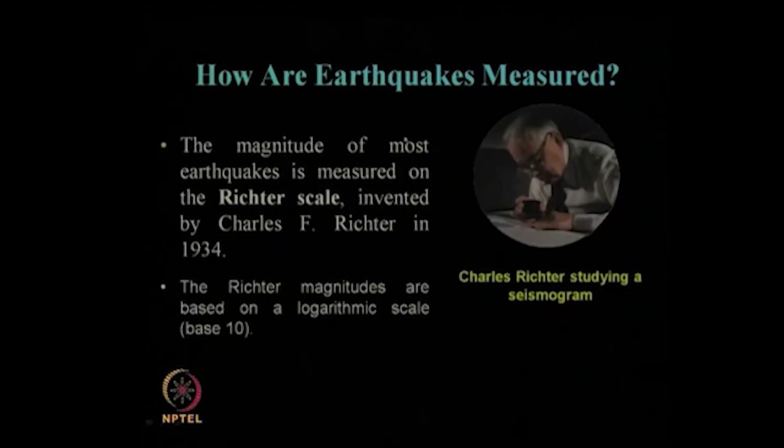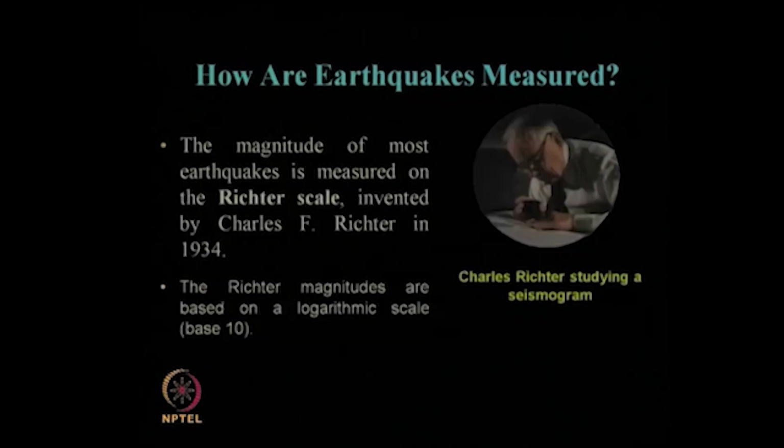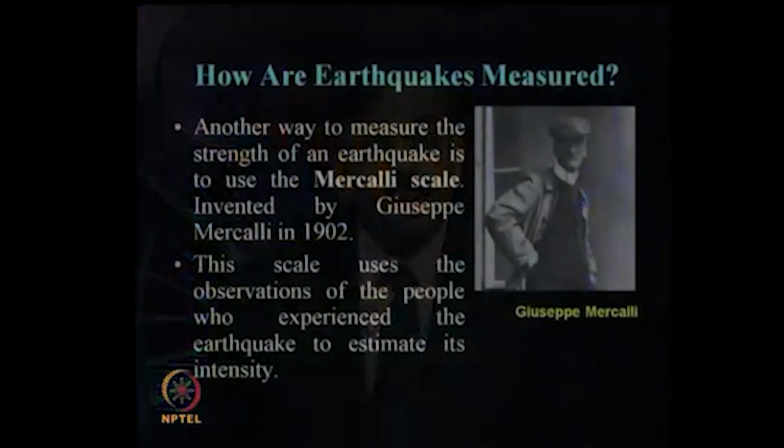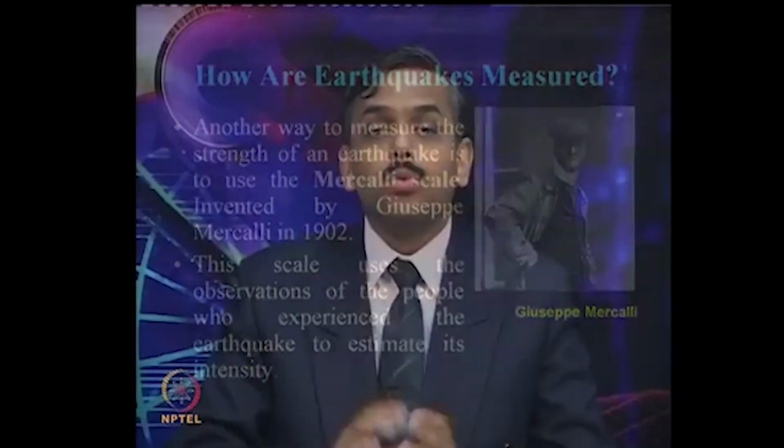You can see the basic difference between the Richter scale and the Mercalli scale is that the Richter scale measures the magnitude of an earthquake based on the displacement of the ground on a mathematical or logarithmic scale, whereas the Mercalli scale is based on the intensity of the earthquake, which is nothing but based on the observations of the people who have experienced that earthquake. So, what does it mean?